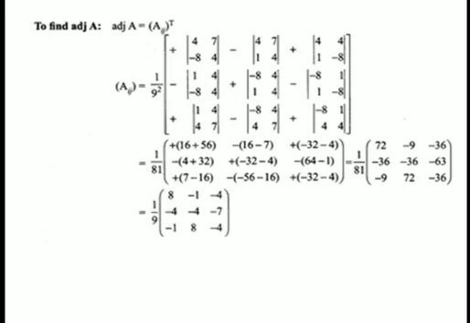After that you simplify this, you get the answer 1 by 81, 72 minus 9 minus 36, minus 36 minus 63, minus 9 72 minus 36, equal to 1 by 9. You simplify that, you get this. Adjoint of A value is found.